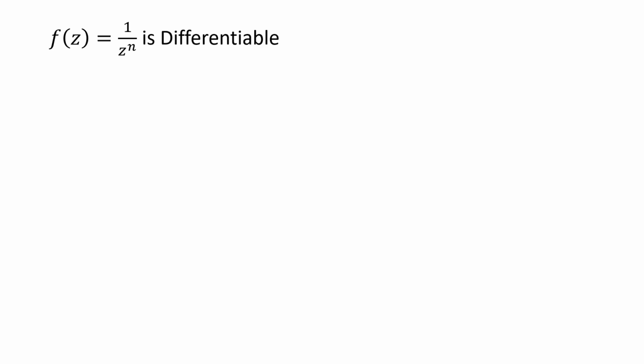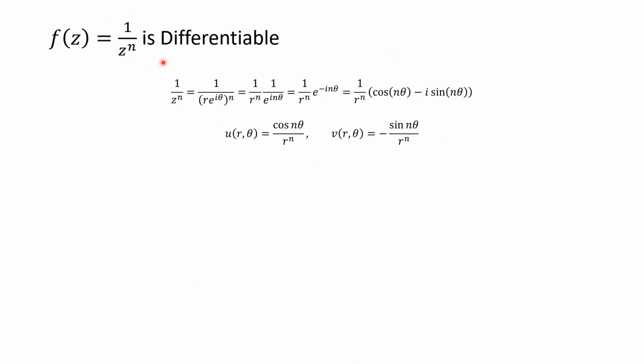On this slide, we'll use the polar form of the Cauchy-Riemann equations to establish the derivative of 1 over z to the n. We first write 1 over z to the n in polar form. We substitute in r e to the i theta for z. We raise this to the power n, we get these two terms.